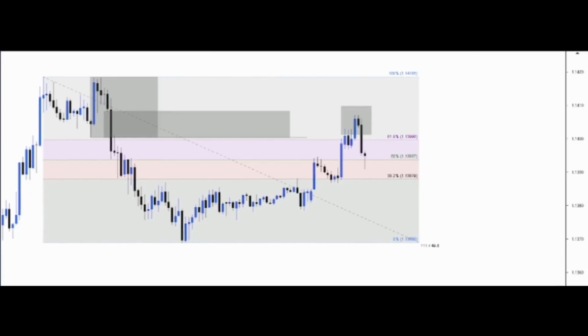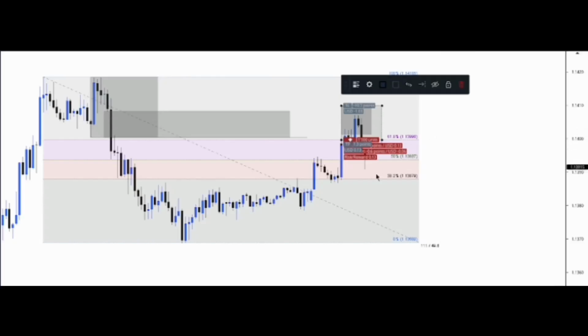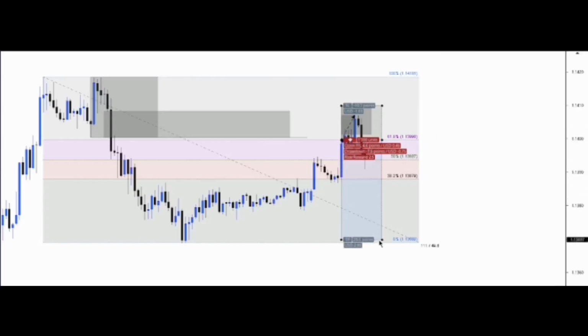So price is trying to go down, but we don't know whether it's going to go our way. We have already entered the market here, going short. Our stop loss is just above here. And our TP will be below this low here.